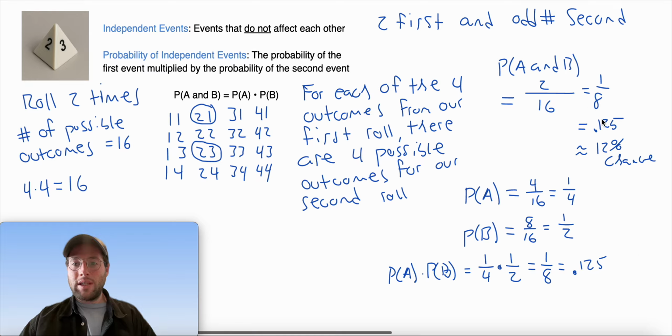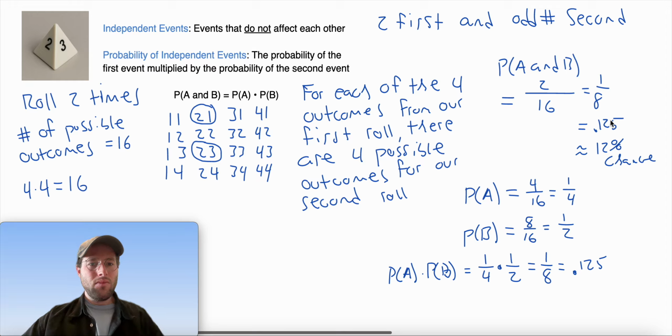Awesome. So we see here that our probabilities match. They're both 0.125. And therefore, we know that these two events are in fact independent. All right, sweet. So that wraps up the independent events example. Let's now move on to dependent events.